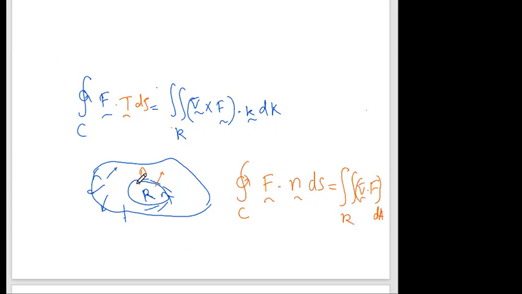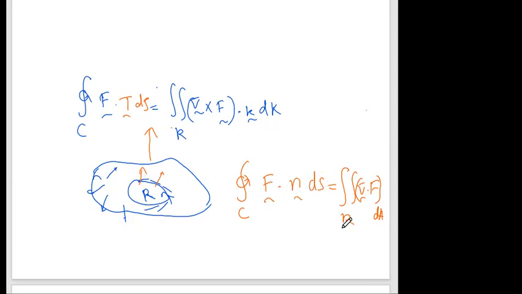So I will put R here, this region. If you label this D, use D then, right? Okay, this is the two-dimensional version of the vector field being aligned with the tangential to the curve, and aligned with the normal to the curve.